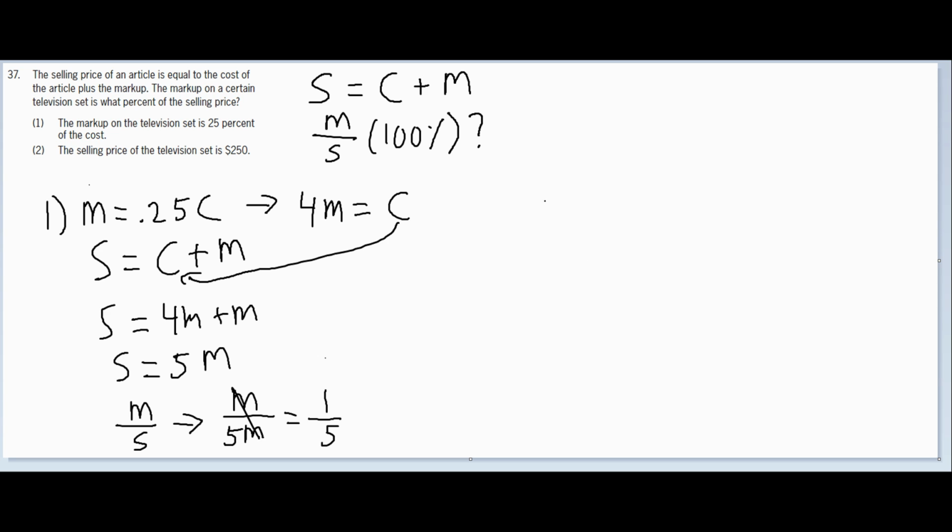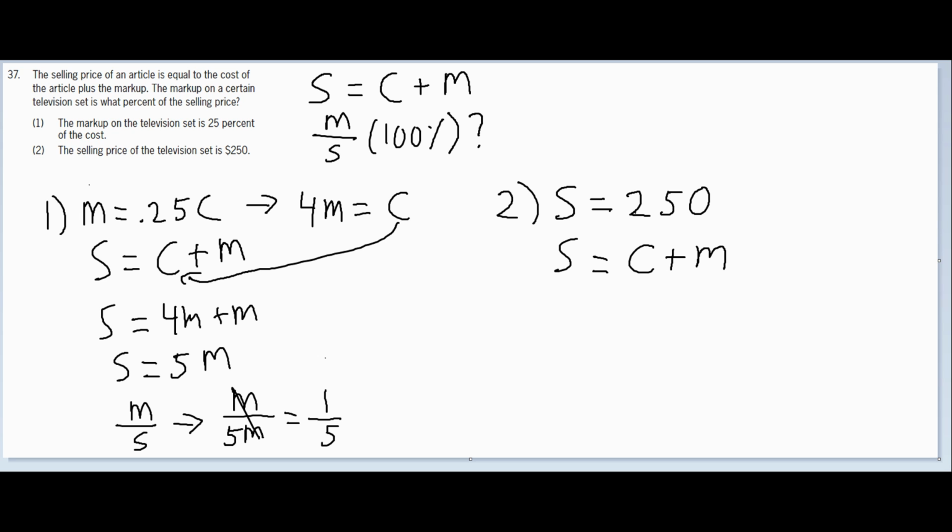So now let's take a look at statement 2. Statement 2 says that the selling price is $250. And of course we still know that S equals C plus M from the given information. But we're ignoring statement 1 for now.